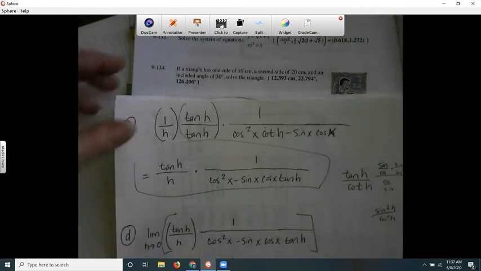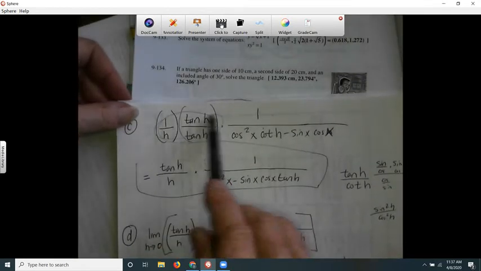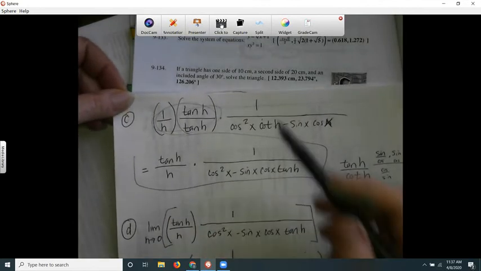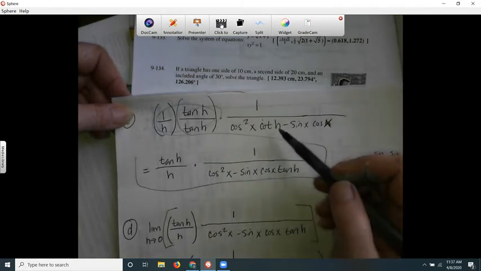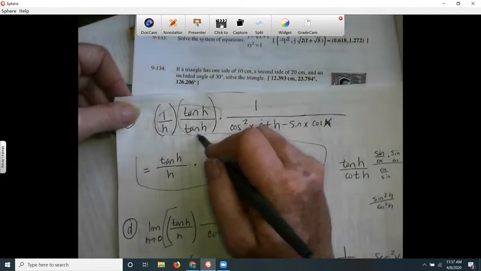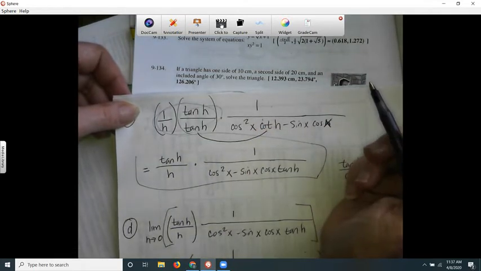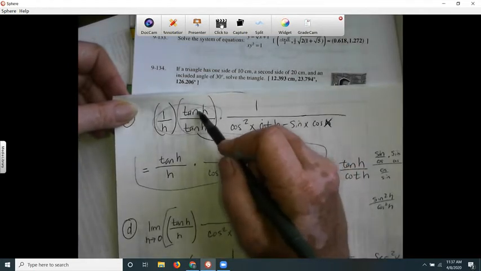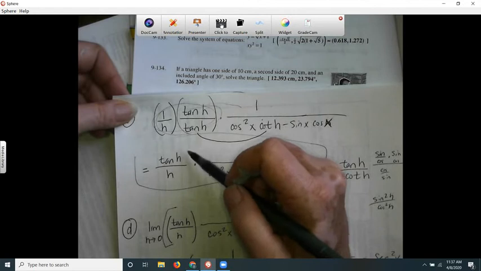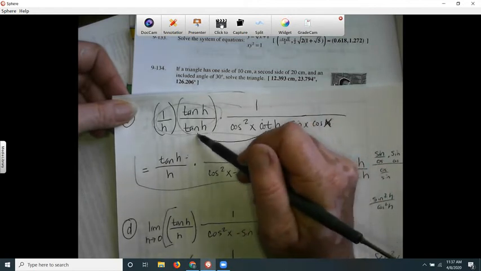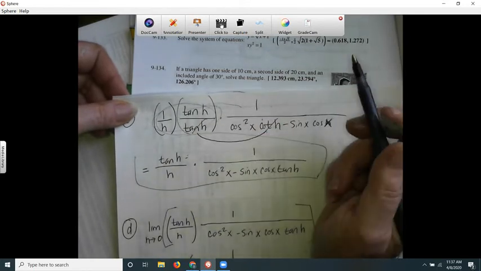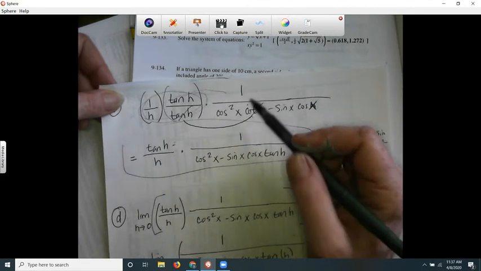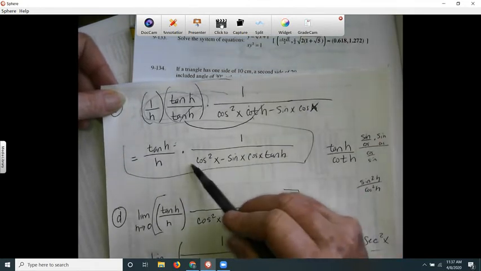So just these two parts multiplied together give, oh, hold on a second. This tangent h times this cotangent h cancel out because they're reciprocals of each other. So this tangent h, I just wrote it up on top. This tangent h down here canceled out, and I just have h. And then I have everything down here.